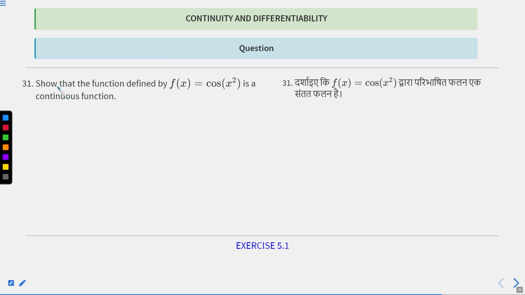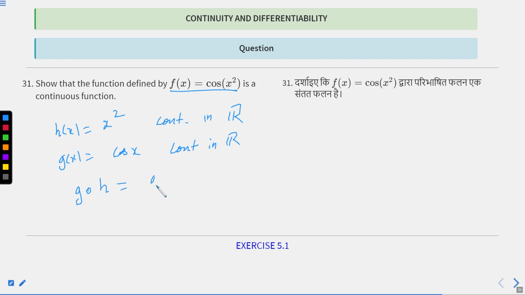So here we have to show that this is a continuous function. As you know, h(x) is x square, which is continuous in R. g(x) is cos x, which is also continuous in R. And g composition h, which will be g of h of x, where h(x) is x square, which will be cos of x square.